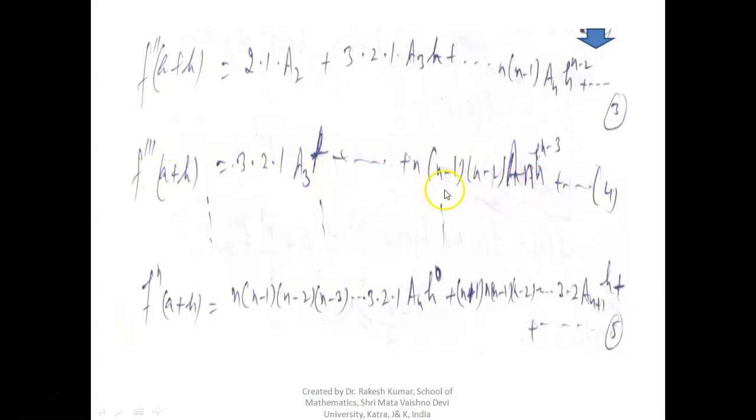And the triple derivative we can have here, this is plus sign, and here it is a n h raised to power n minus 3. Similarly you can see all these things, and it is h raised to power 0 and n plus 1 into n minus 1 into n minus 2 and so on, 3 to 1, a n plus 1 h plus so on.